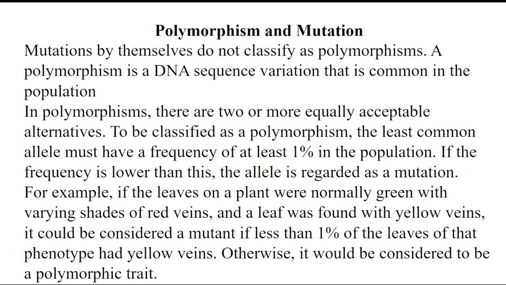Otherwise, it would be considered a polymorphic trait. So, as a result of this, you should understand which changes of DNA we call polymorphic traits. Only if the frequency of these genes is more than 1% in the population.